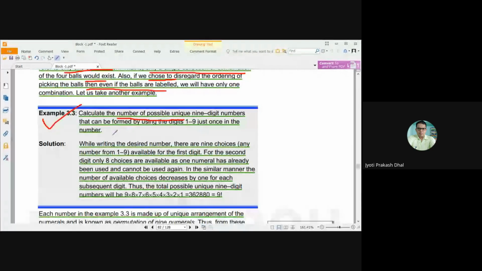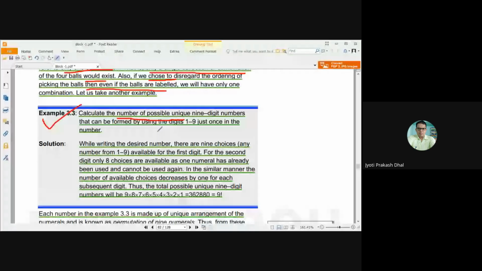That means we have to select a 9-digit number using 1, 2, 3, 4, 5, 6, 7, 8, 9, and none of the digits should be repeated.